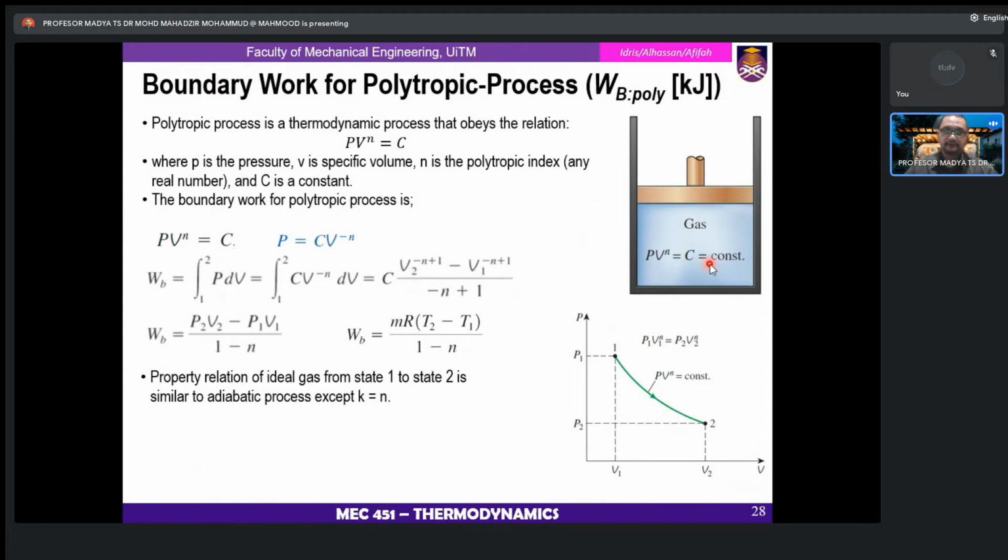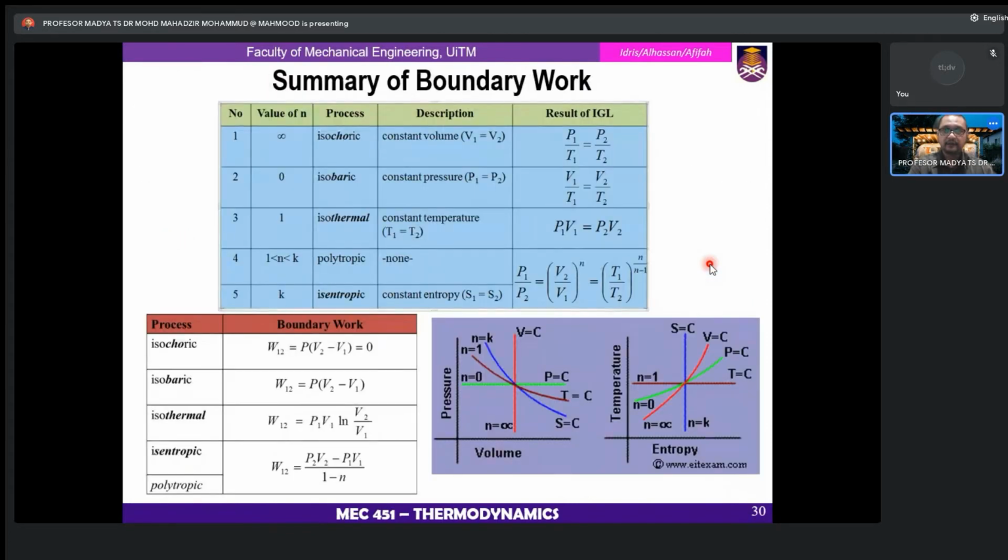Next, this is a summary of the boundary work. What I have told you about the five processes is summarized here. You can look at the process, isochoric, and the formula that can be used, isobaric, isothermal, polytropic, and isentropic.